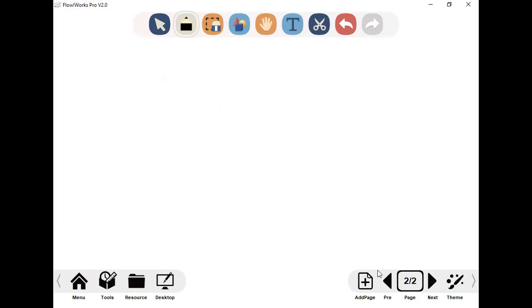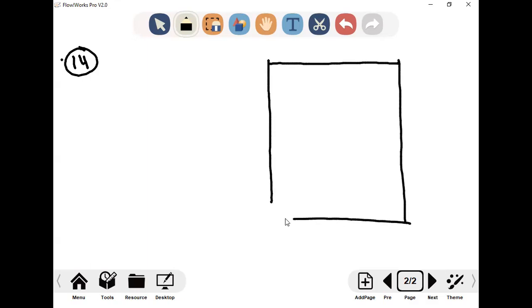So we are in question 14, guys. I need to draw it. This is the whole thing, right? Inside it, we have another swimming pool.